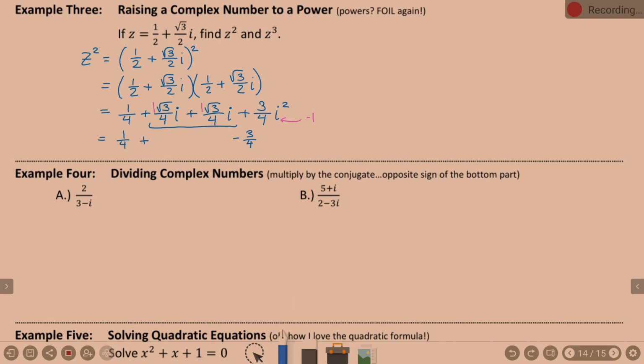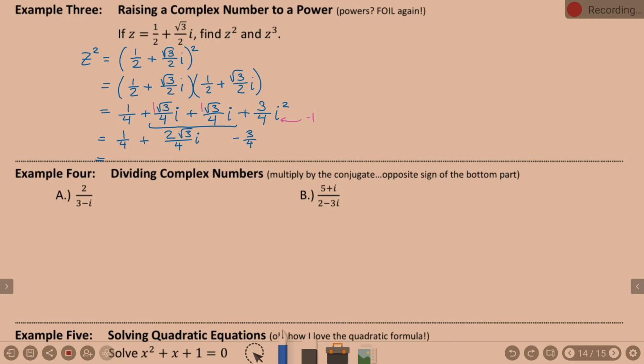And so we're going to say plus, I want to write this as 2/4, but I'm going to write it as 2 square root of 3 over 4 times i. Now, there's two small pieces of cleanup that we can do to finish this off. One we already talked about.